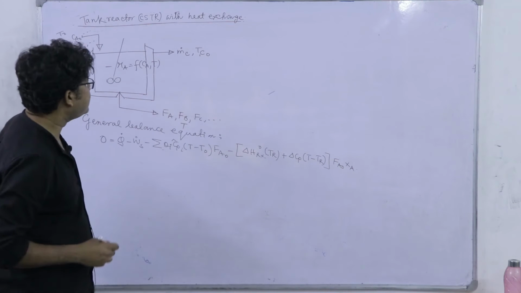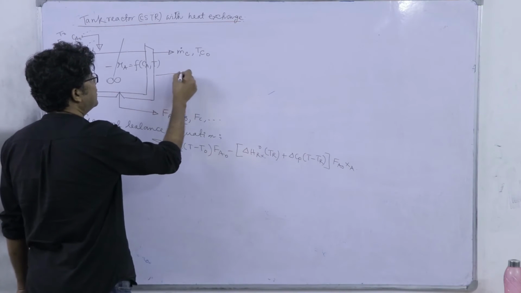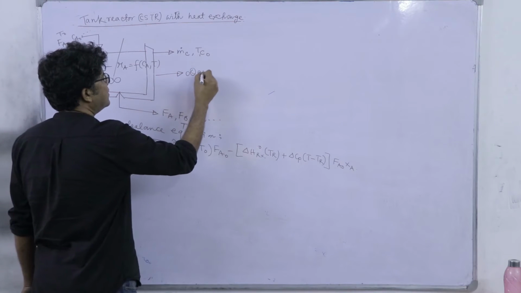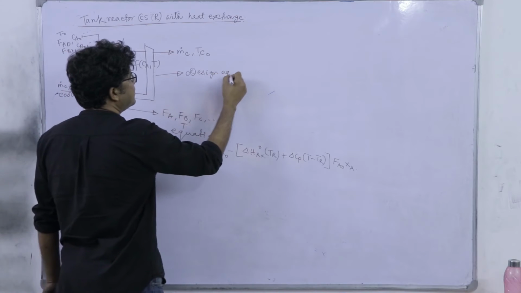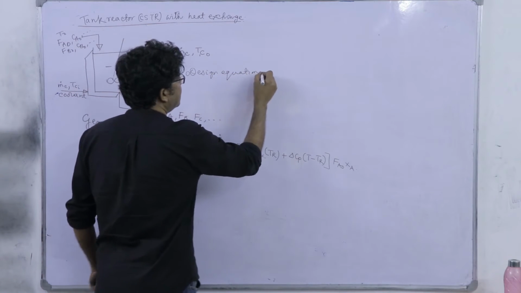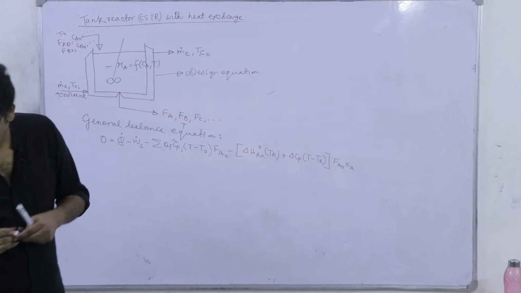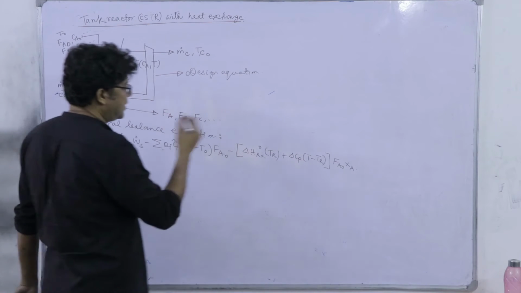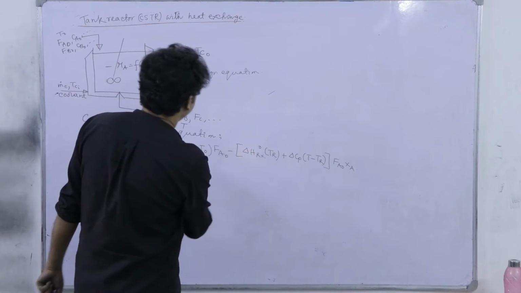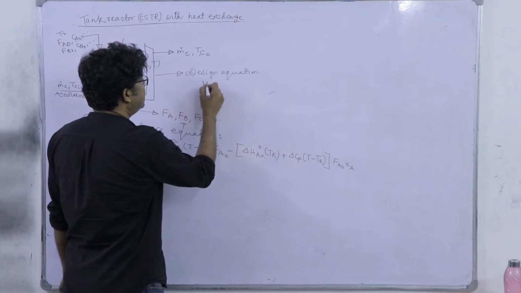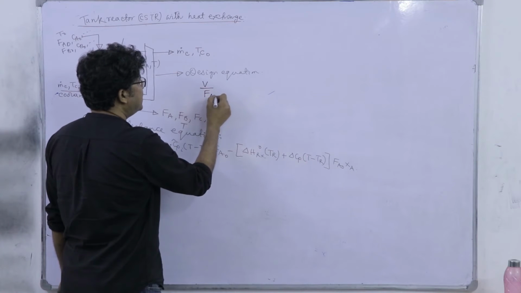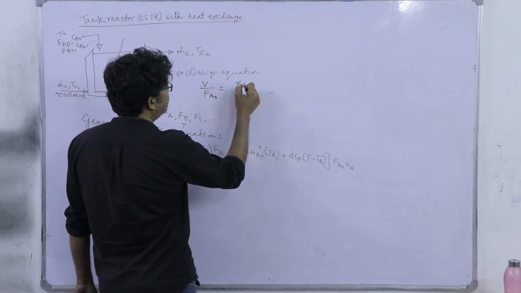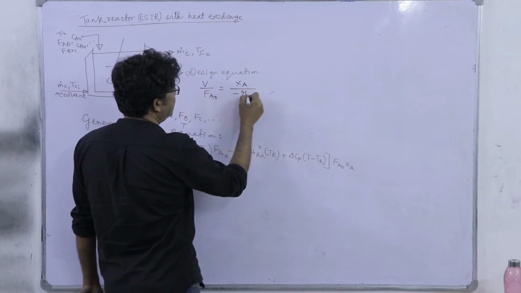So, here you see what will be the design equation. So, let us discuss first the design equation, and once we have the design equation we can further substitute here. So, design equation is V divided by Fa naught equal to Xa by minus Ra.